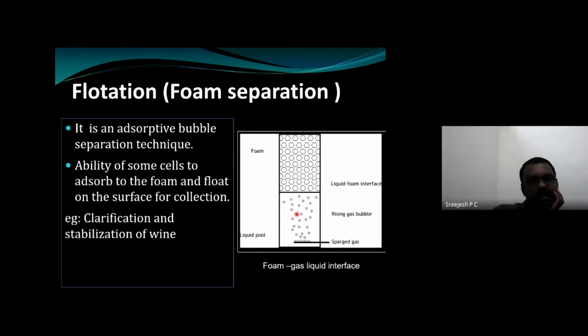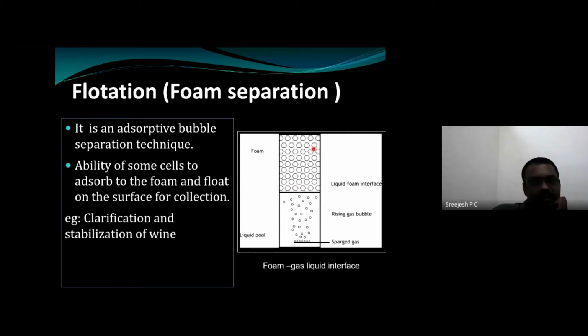In the coming slide, we will discuss what kind of material gets adsorbed to the surface of the rising bubble. Whatever particles are adsorbed to the surface of the rising bubble will be taken up the column and aggregate at the surface of the liquid. This layer, we will call the froth layer or the foam layer.